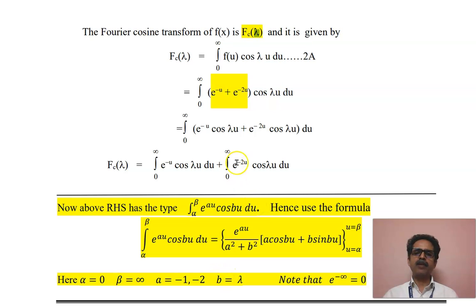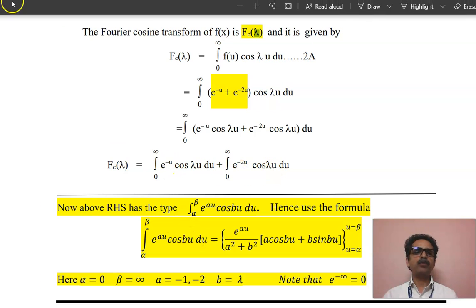In the second term the value of a is minus 2, and note that e raised to minus infinity is 0. So you have to apply this formula for the first term, and also for the second term. Here alpha is 0, beta is infinity. The difference is a. A is here minus 1, while here a is minus 2. B is the same. B is lambda for both terms.